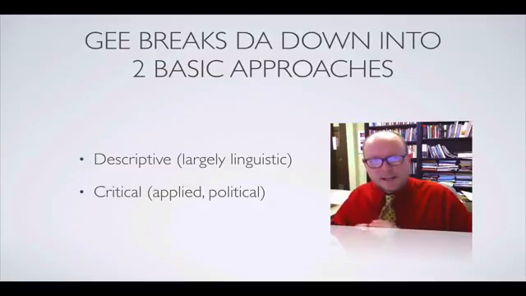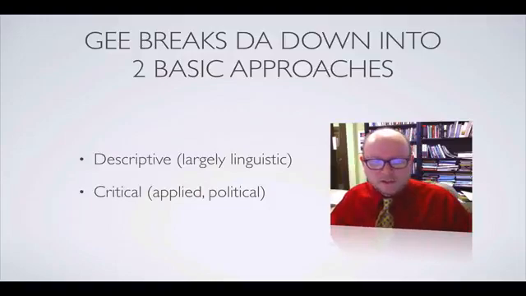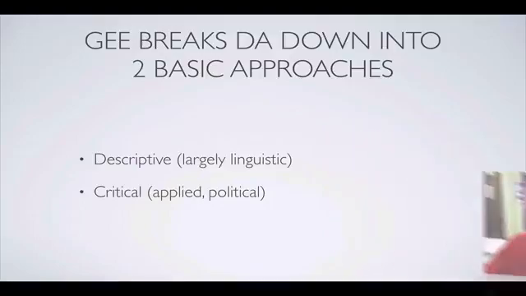And the second basic approach would then be critical, so more applied understandings of that linguistic information and with a particularly political bent, so understanding how power flows and operates within society using language.